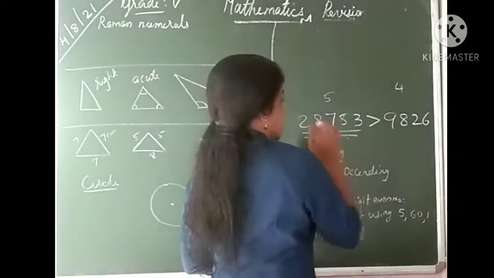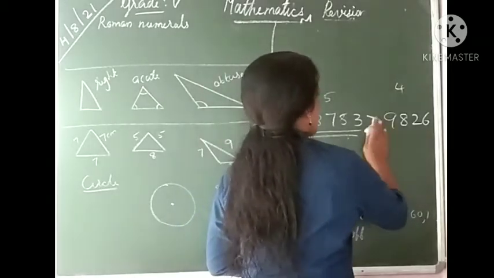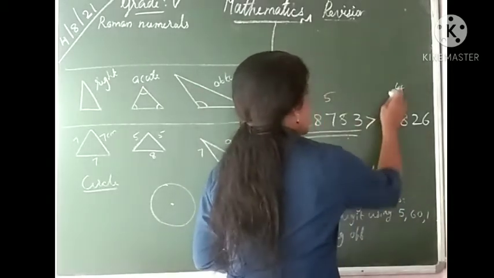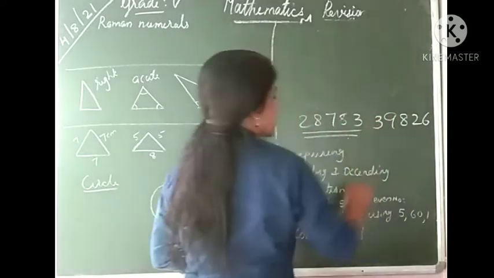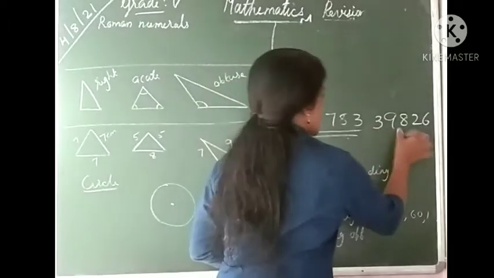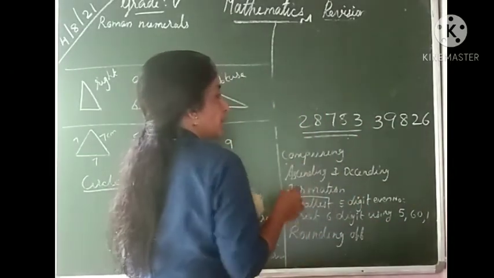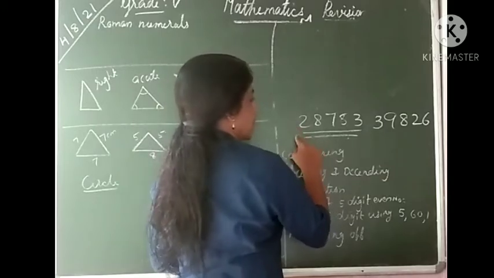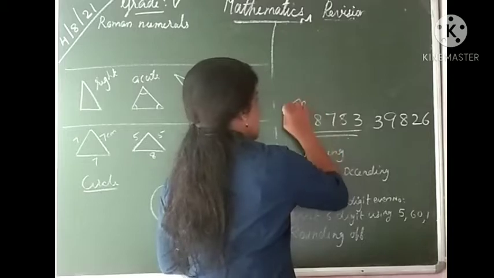First you have to check how many digits. If the 2 are equal, then what can we do? Now I am putting one more 3 here. Now look, which one is greater? This is 5-digit. This is also 5-digit. If both have an equal number of digits, then you can start from the greatest place. The greatest place is 10,000.